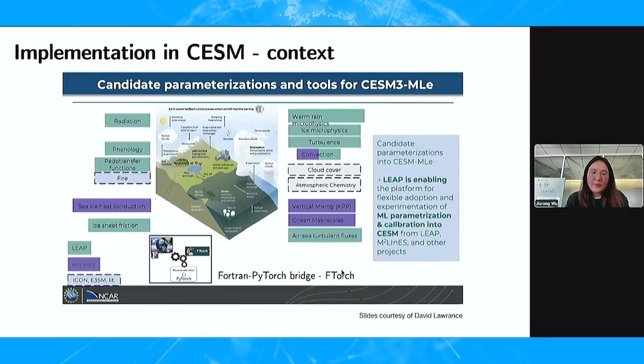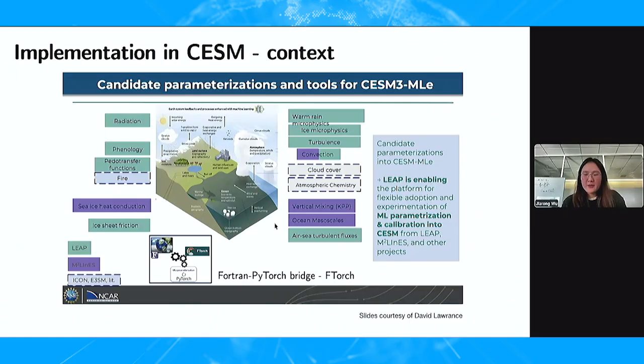And they want to put a suite of machine-learned or data-driven parameterizations inside CESM, and the IRC flux is one of the candidates. The implementation is done using this Fortran-PyTorch bridge called FTorch that was developed at ICCS.